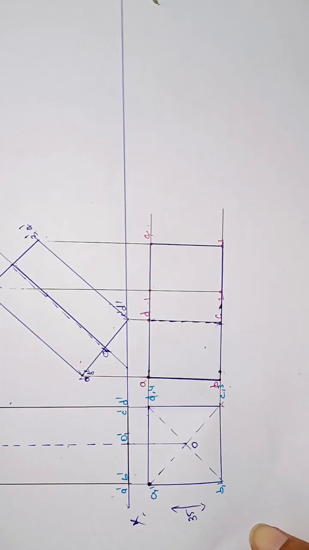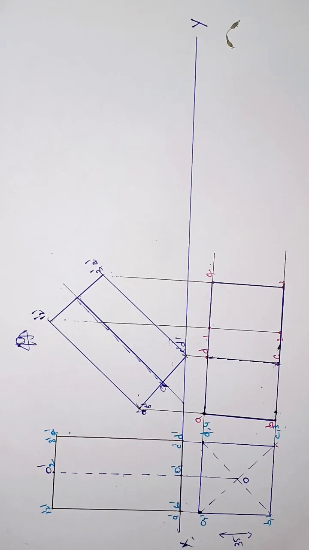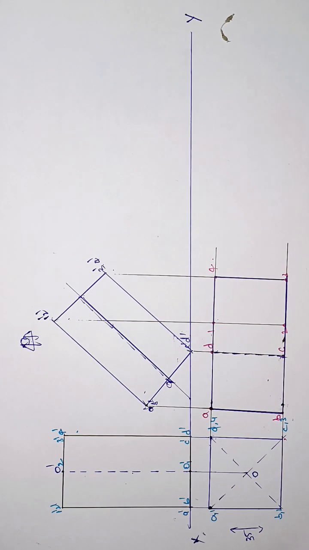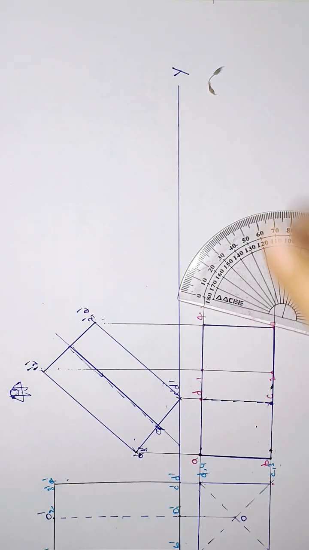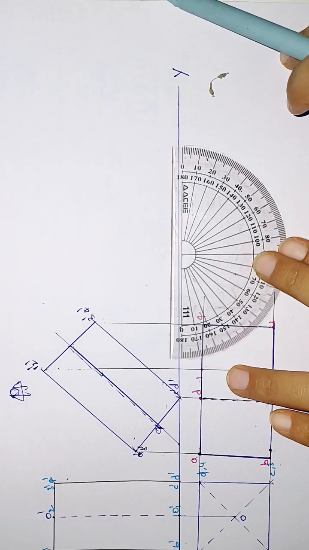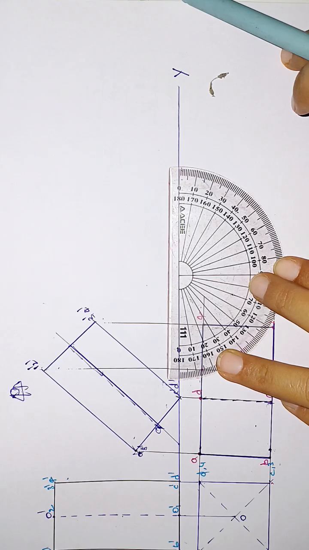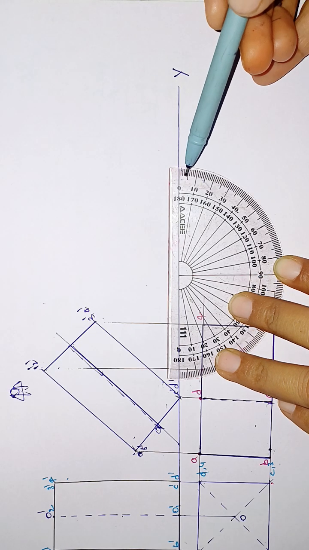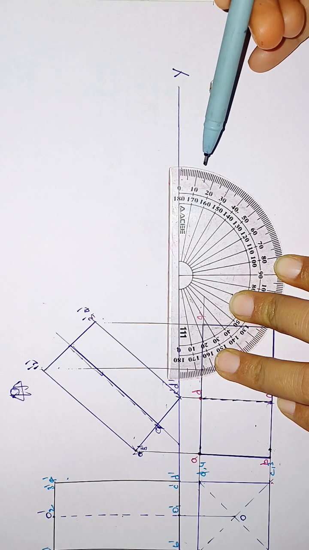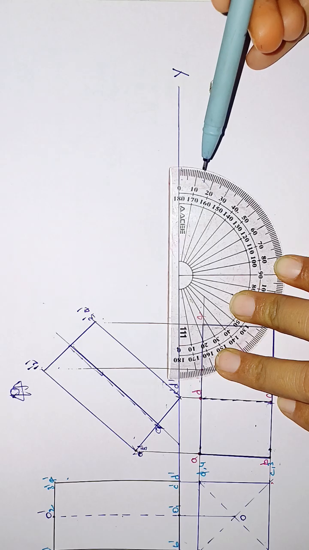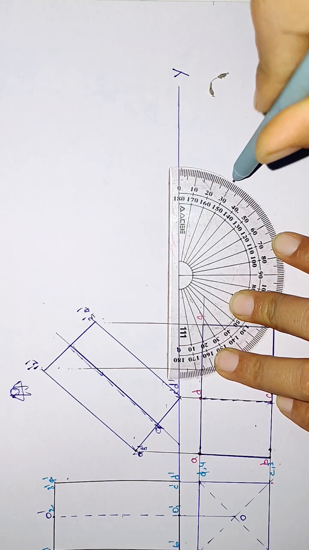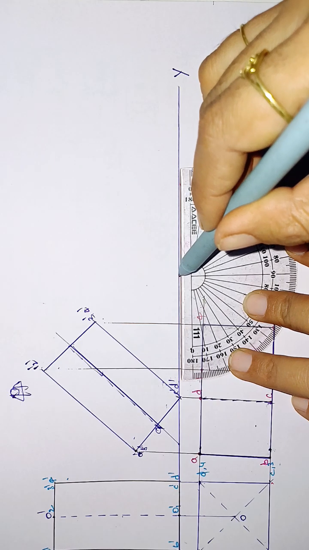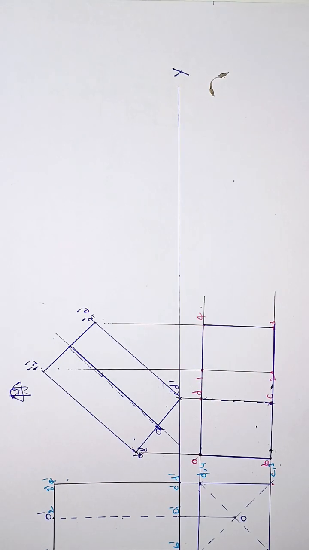You have to project the lines. Similarly, you have to draw the second 30 degrees angle. Take a protractor, place it here on the reference line and downside. Why? Because VP is mentioned, so definitely it comes in HP and the angle is 30. Mention the angle 30.